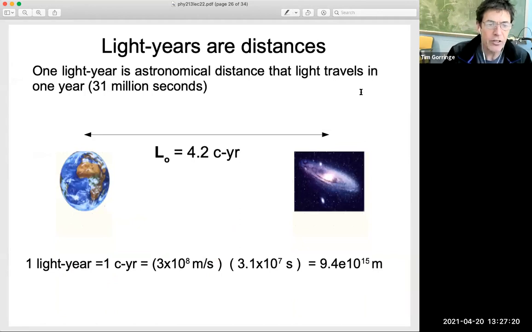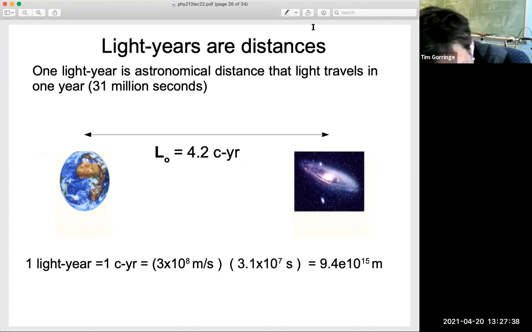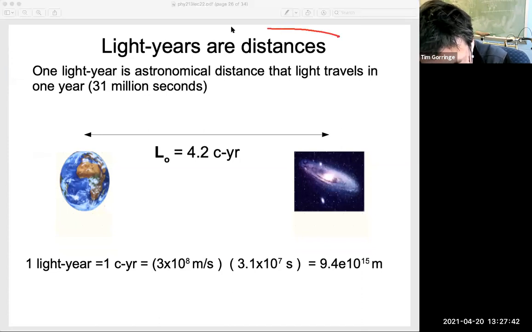Before I do it, though, I just want to mention the fact I quoted the distance from Earth to Alpha Centauri as 4.2 light years. And this is an important point for this problem. I better explain.